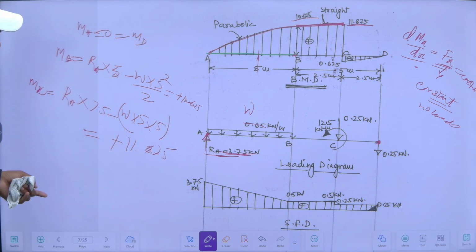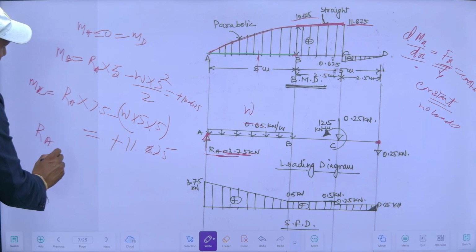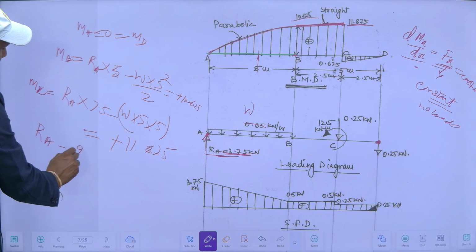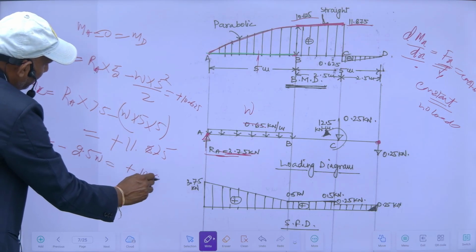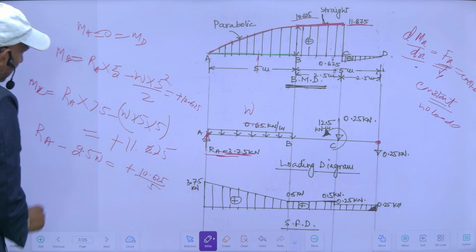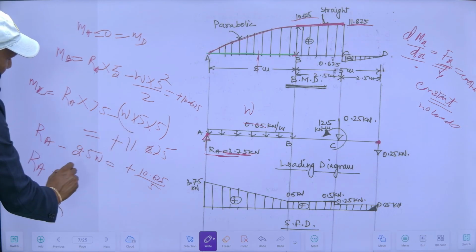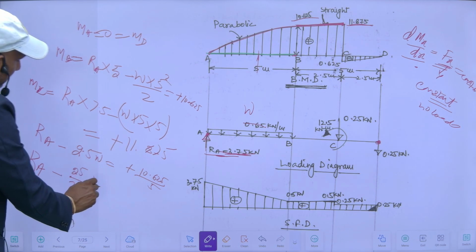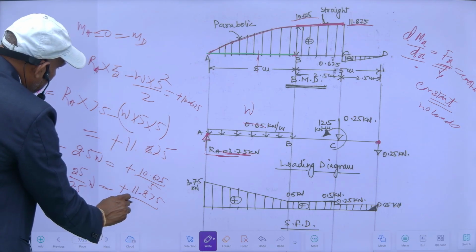So this is one equation in terms of RA. RA here will be: RA minus 5 by 2 into W, that is 2.5 W, is equal to plus 10.625 divided by 5, and here RA minus 25 upon 7.5 W is equal to plus 11.875 divided by 7.5.